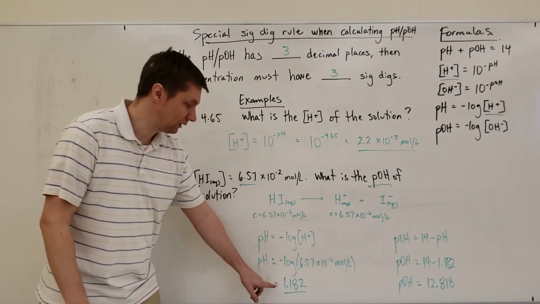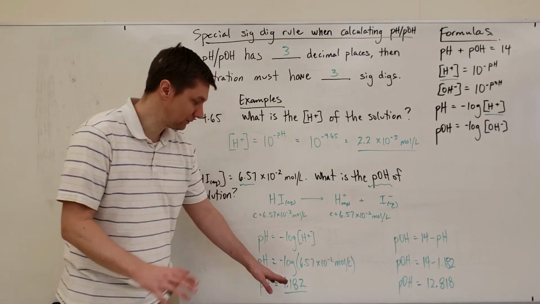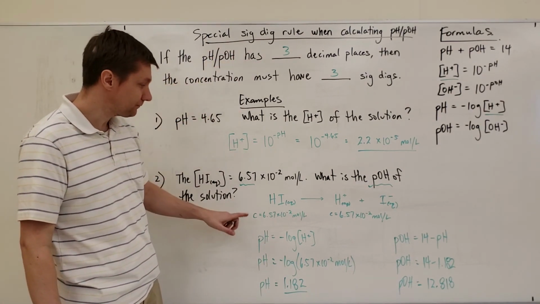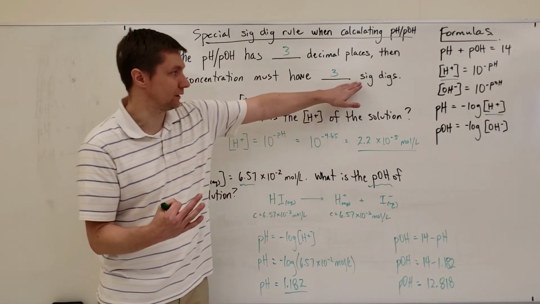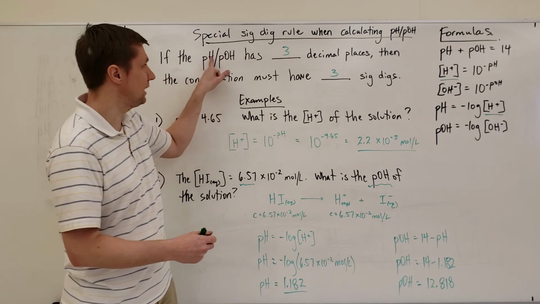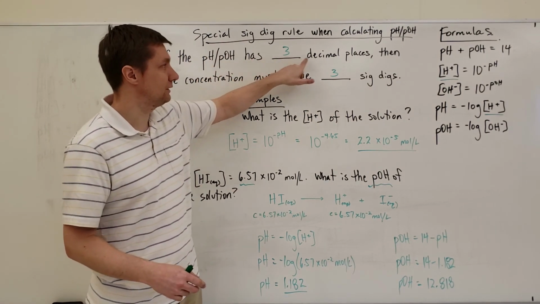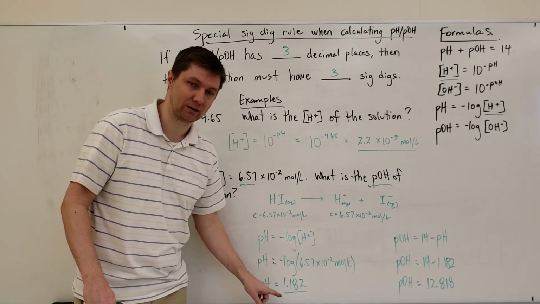Do that in your calculator, you should end up with 1.182. Now, the reason my answer is like this is because if I go back up here to my sig dig rule, my concentration had 3 sig digs, which means that my pH or pOH value, in this case pH, has to have 3 decimal places. So 1.182 is going to be my answer for that.